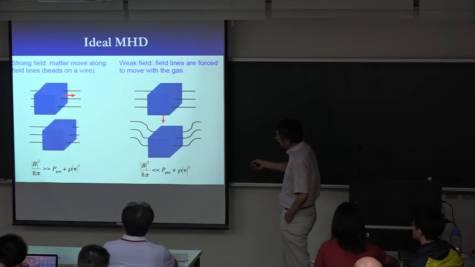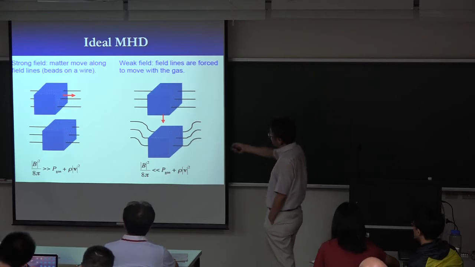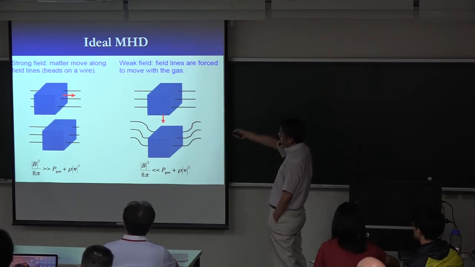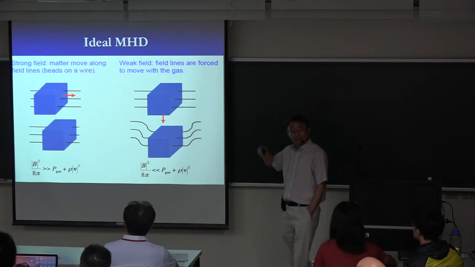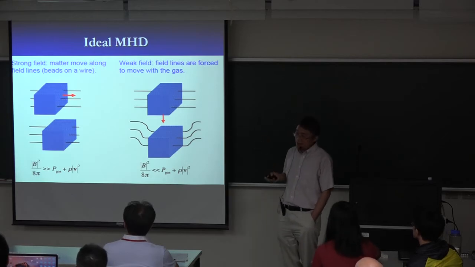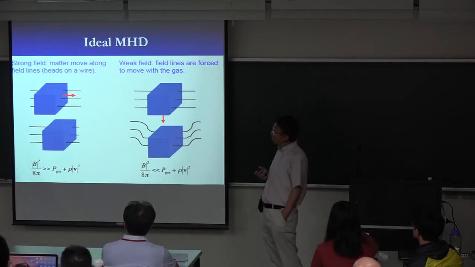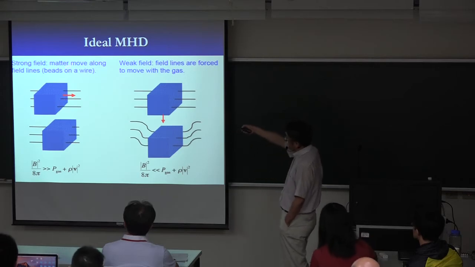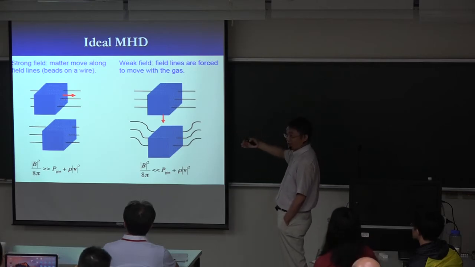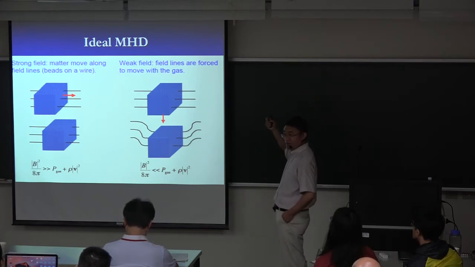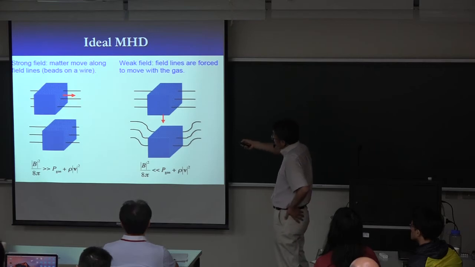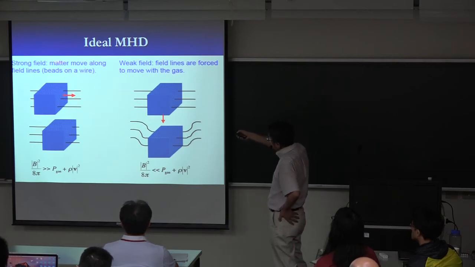For ideal MHD, we have two limits. One is the strong field limit. Strong field means the magnetic pressure is much larger than the thermal pressure of the gas. In this case, the matter will be controlled by the magnetic field. This is easy to understand: if one person is very strong, the other person has to follow. Another extreme is the weak field case.